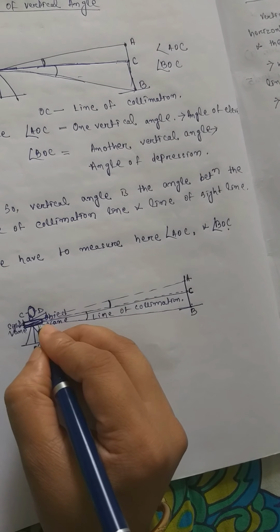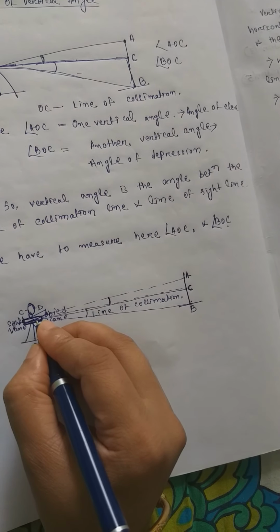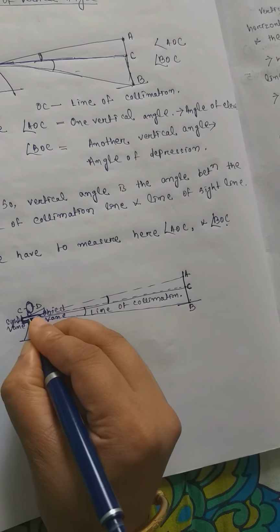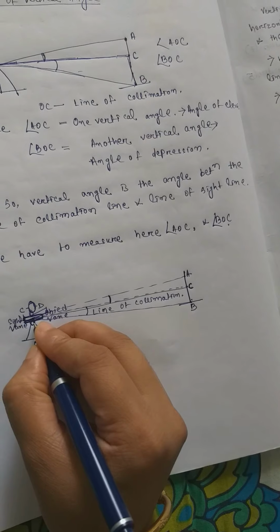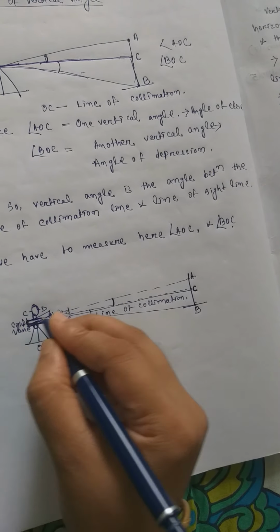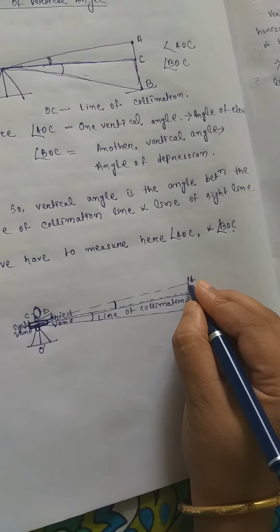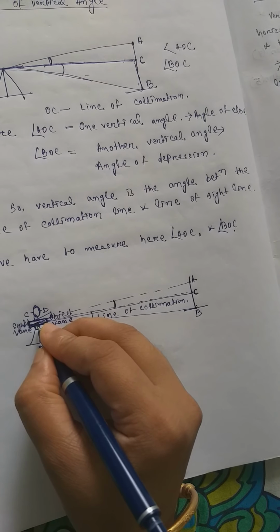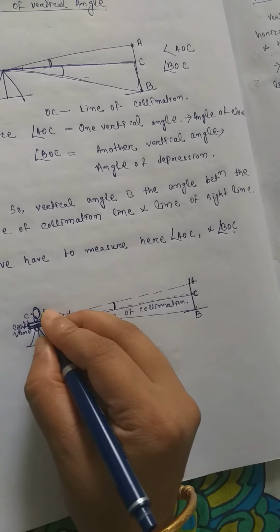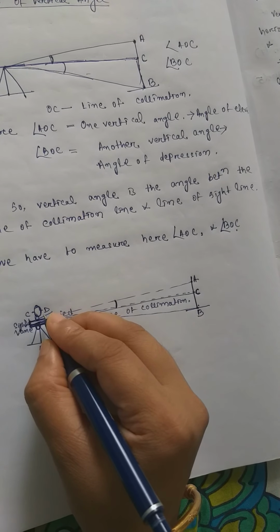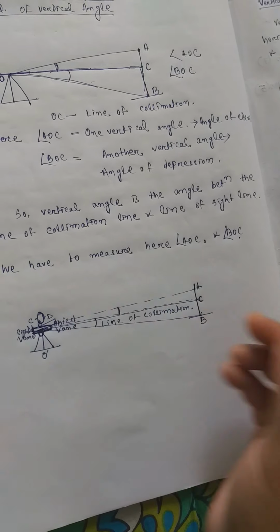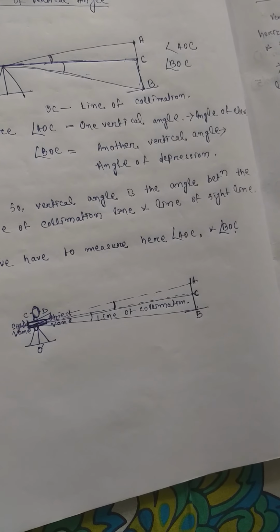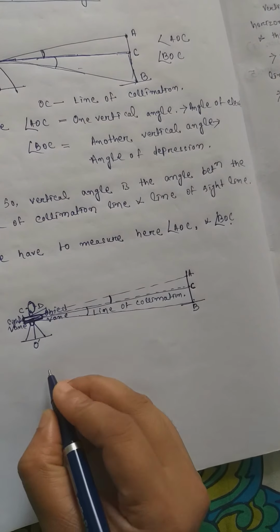Then we rotate the telescope, and the vertical circle comes to our right side. Then we measure the same point A again, and we take the readings again on verniers C and D and note them down. Then the mean of the angles observed is taken as the correct angle of elevation.